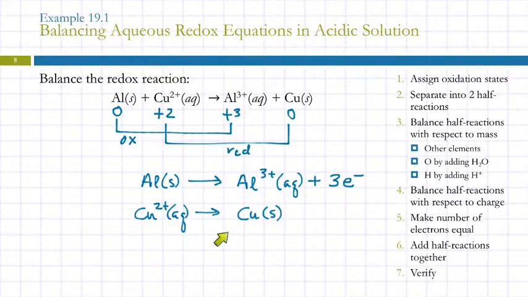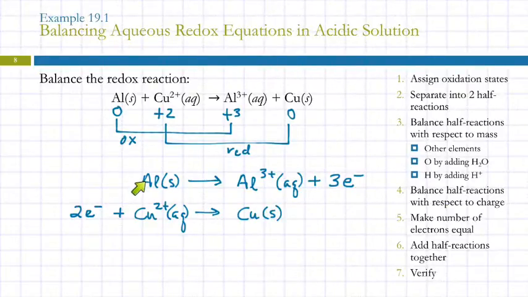Then I'm going to look at the other half reaction. Here I've got the positive charges on the left and 0 charge on the right. So here I have to add electrons on the left side. I need 2 electrons, 2 negative charges with the +2 charge. That adds up to 0, and a 0 on the right side. We also see here now what's happening with the electrons.